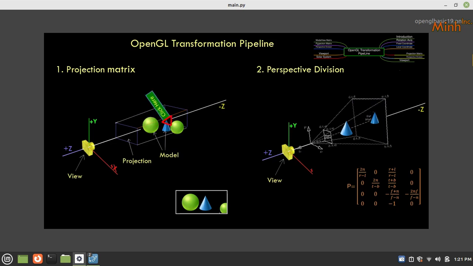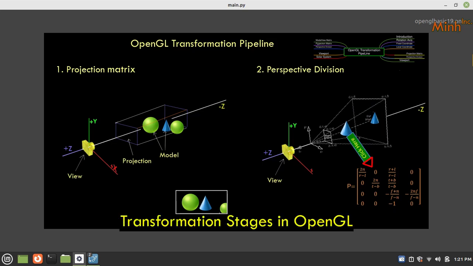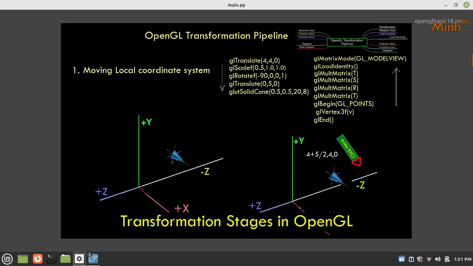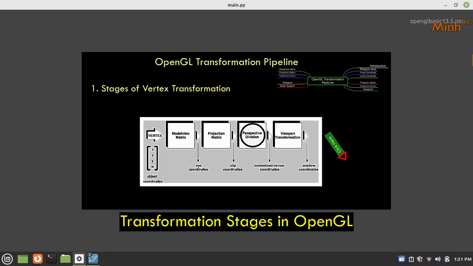Here, whether it is near to the camera or far from the camera, there is no change in the coordinate. But in the perspective division, whether it is near or far, the coordinate is changing. So typically this kind of matrix would come into the picture, and the new coordinate we achieve is called the normalized device coordinate.